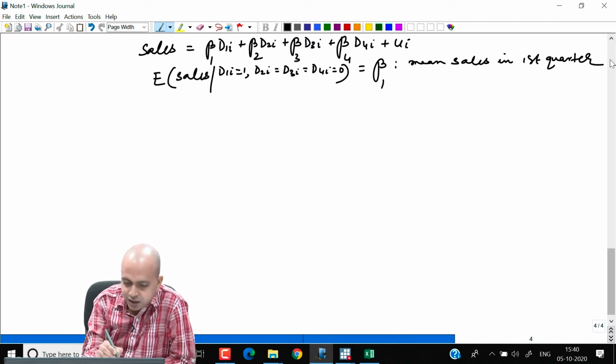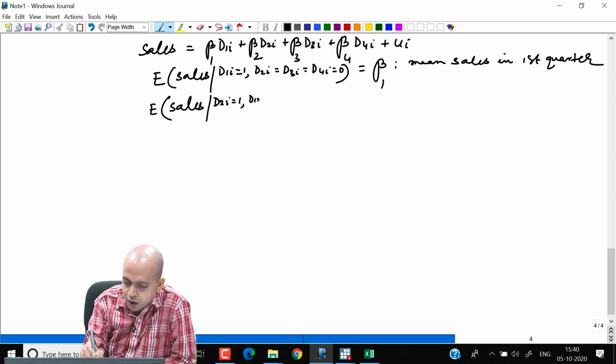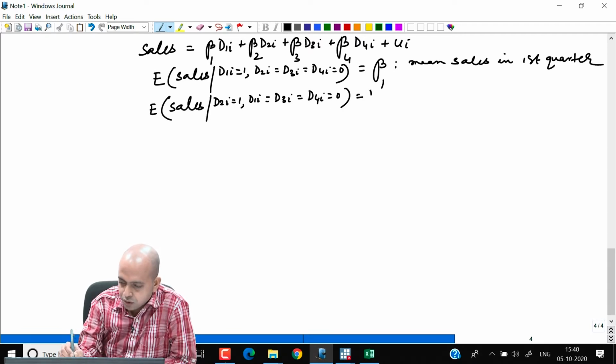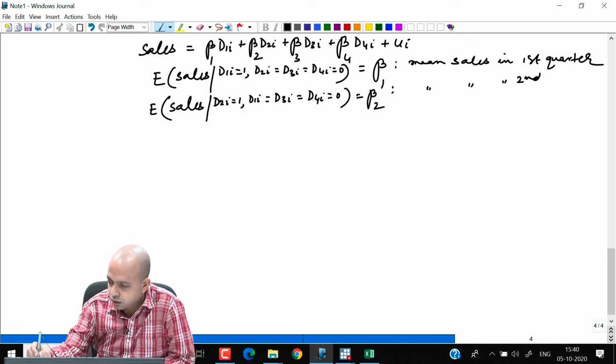Similarly, expectation of sales given d2i equals 1 and d1i equals d3i equals d4i equals 0 indicates beta 2. So beta 2 basically means mean sales in the second quarter.